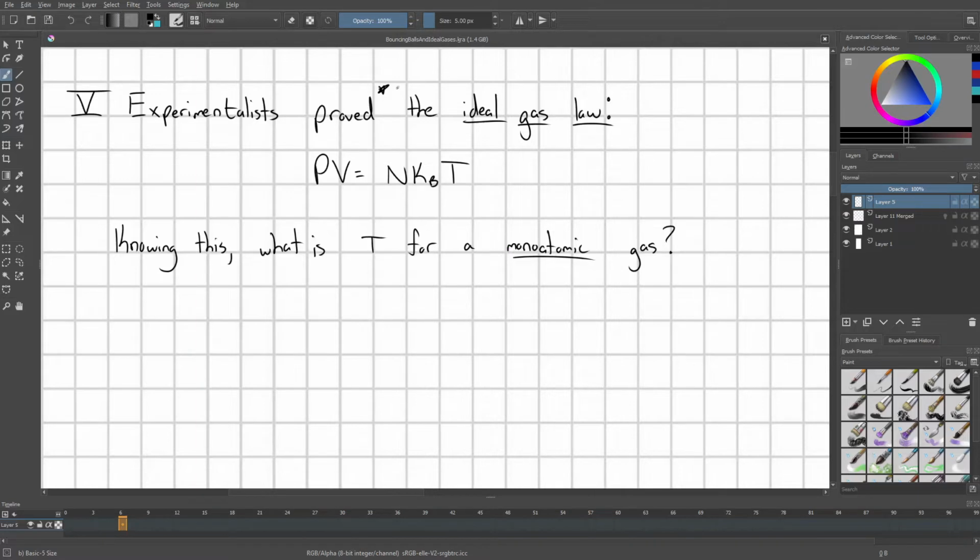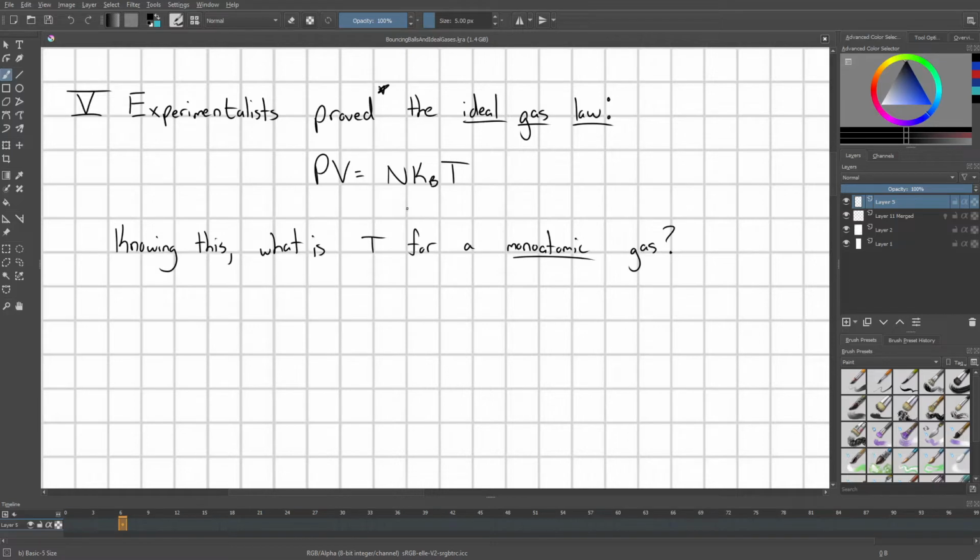Technically, you can prove the ideal gas law through more first principle techniques, but we will treat it just as an experimentally proven idea. The ideal gas law relates the pressure and the volume of a gas to the number of gas particles and the gas's temperature. Kb is simply a constant called Boltzmann's constant.